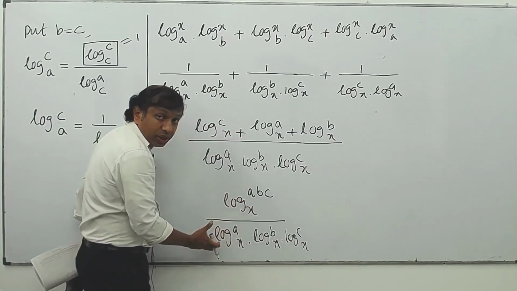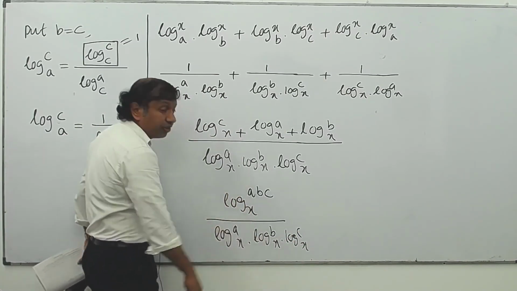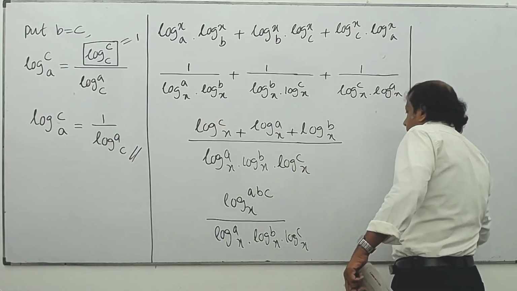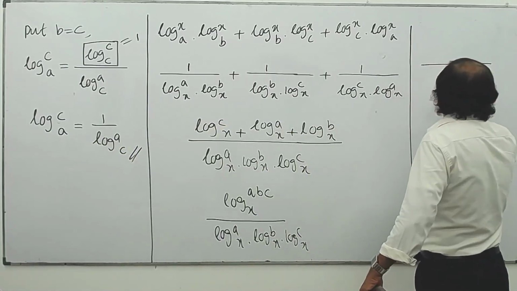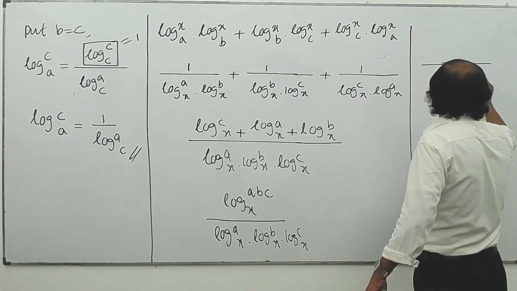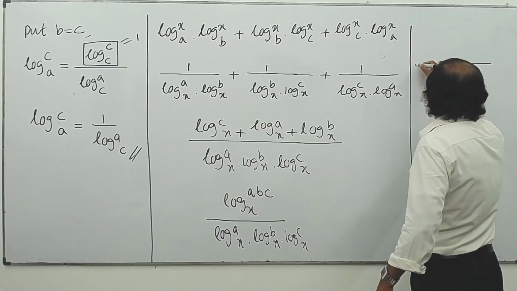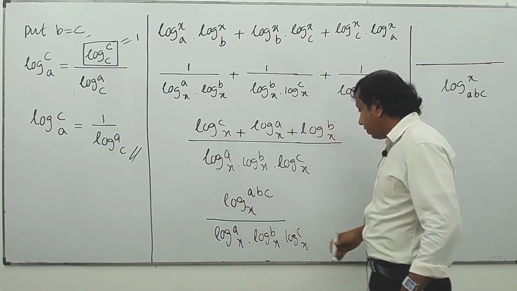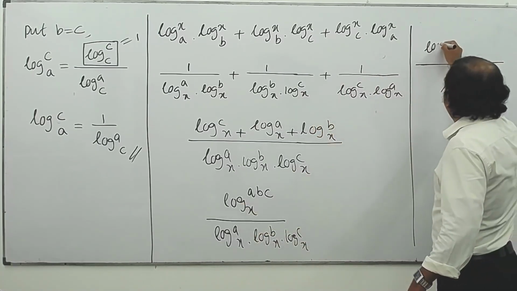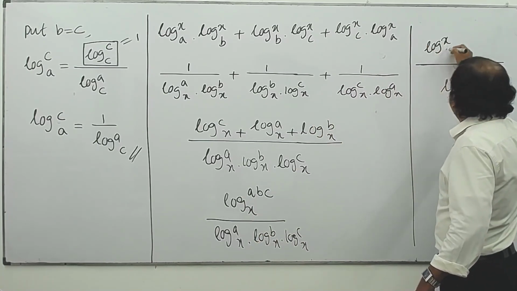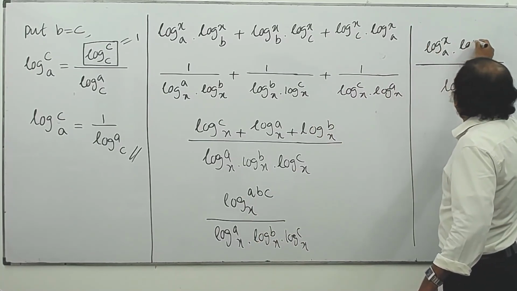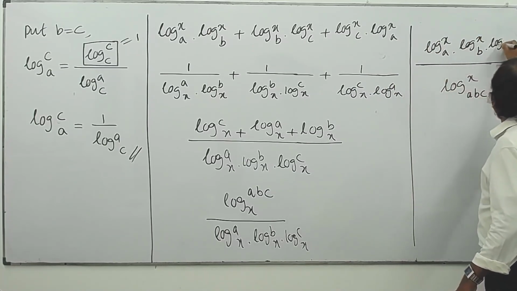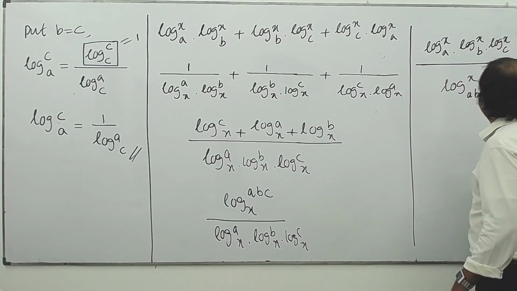Once we do like that, these two numbers exchange their places. Then we get the answer, right? Then we get log_x ABC here. This and this all three we take to numerator, log x A here, x B here, x C here. This is the answer.